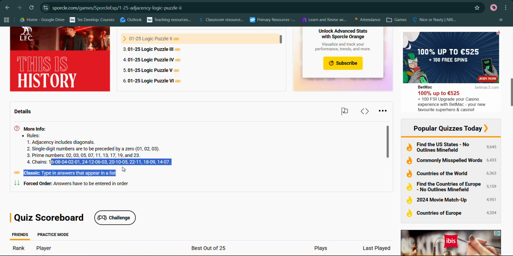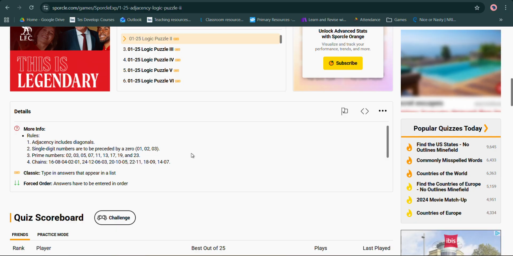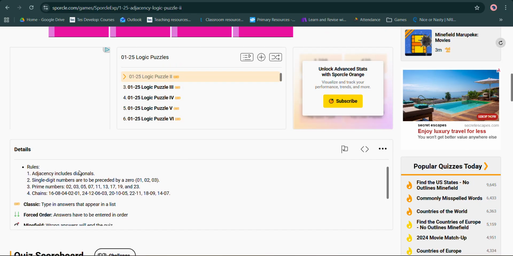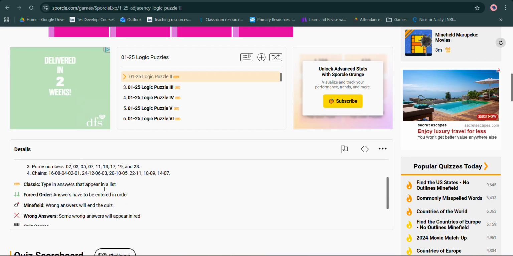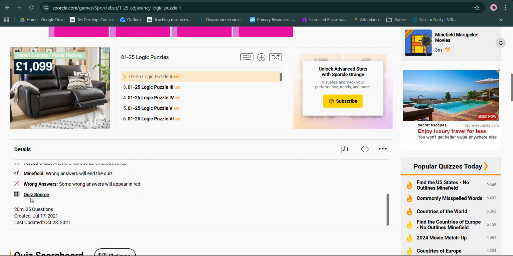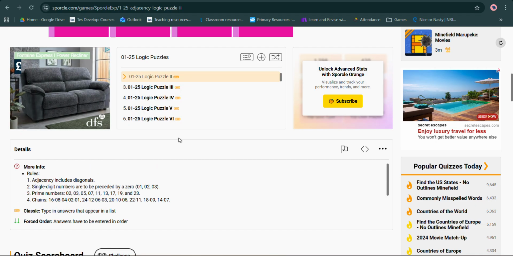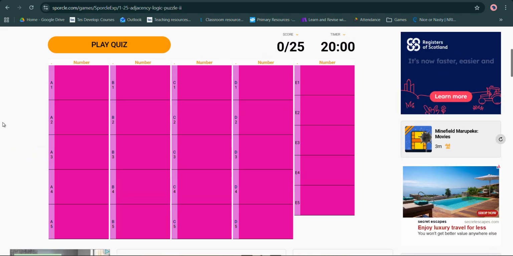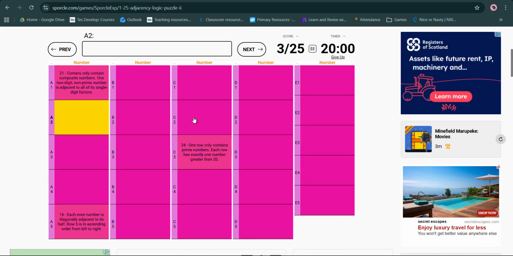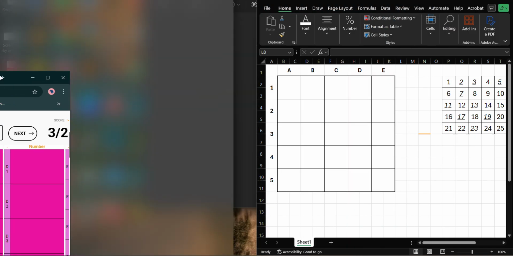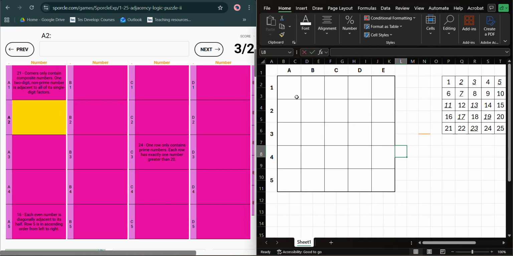Not sure what that means, but when that comes up, that might become clear. We've got an answer thing in there, which might help us later, and we've also got this Excel document to help us as well. So we start off with 3 clues, which is a great start.